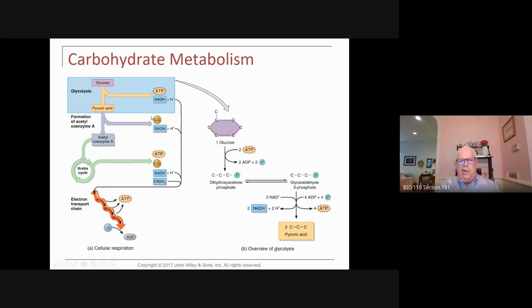What you have to know is that glucose is split into pyruvic acid, leaving you with 2 ATP and hydrogen electrons. Okay? You don't have to know all of these words. You have to know this.